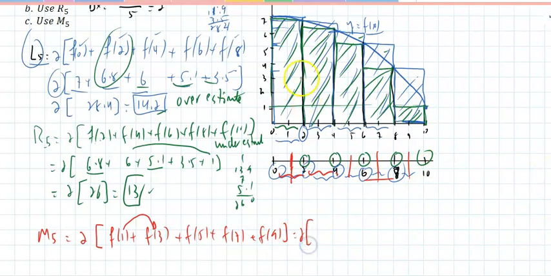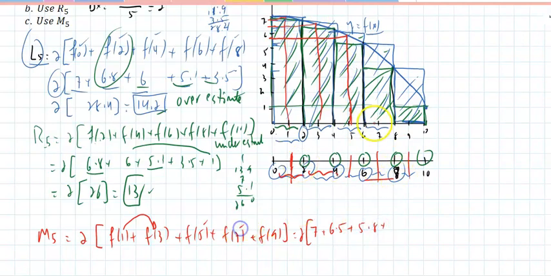That is 2 times, well, here I need to evaluate them. F of 1 looks like a 7. F of 3, that looks like a 6.5. A bit above, a bit below, we're not going to disagree. F of 5, if I look at 5, that is about 5.8.